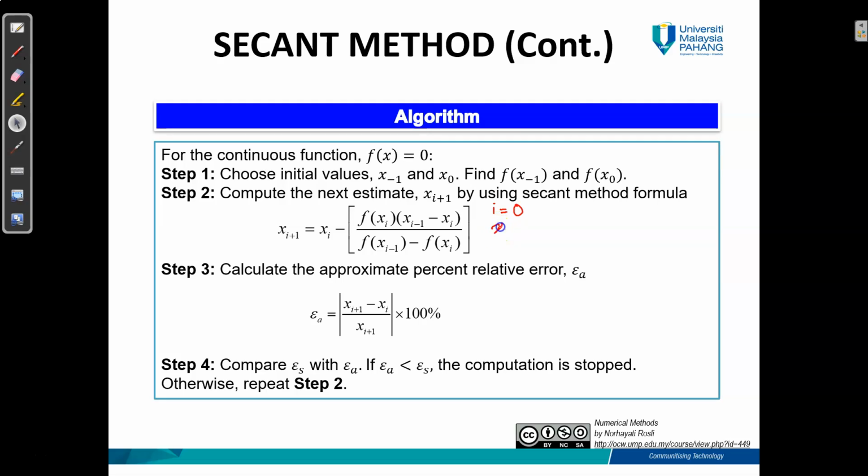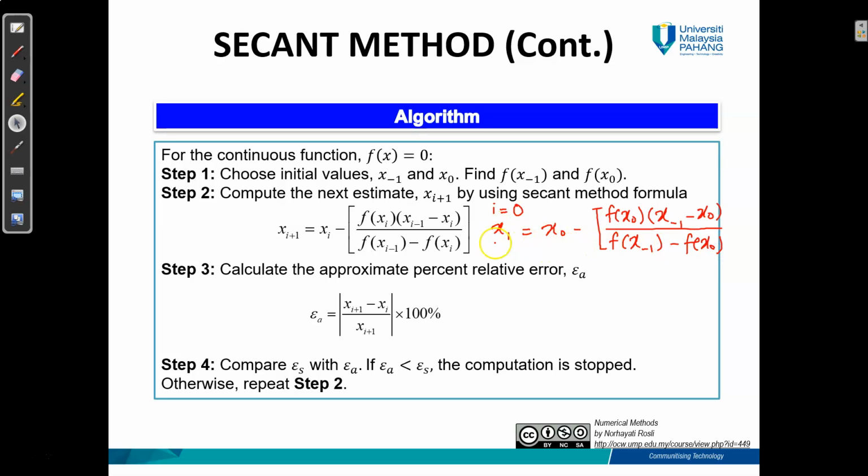We will have x1 equal to x naught minus f of x naught times x minus 1 minus x naught, divided by f of x minus 1 minus f of x naught.